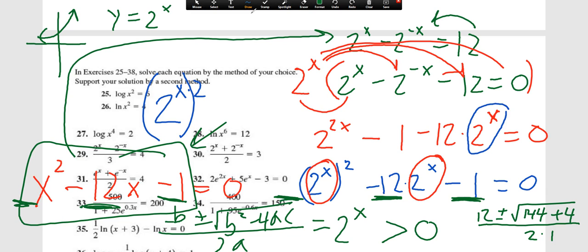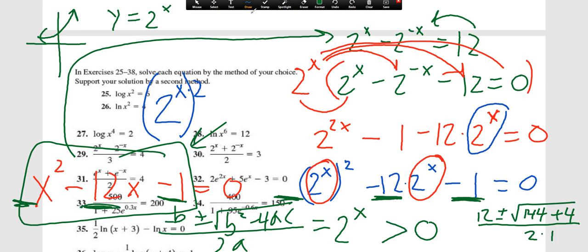It's bigger than 12, isn't it? Is either one of those numbers, either 12 plus or 12 minus, going to give me a negative number if the square root of 148 is bigger than 12? Aren't we going to have a problem with the negative in this case? So the negative one is going to spit out a bad result. So reach for the calculator, right? 12 plus the square root of 148, which is the only one that will work, divided by 2.